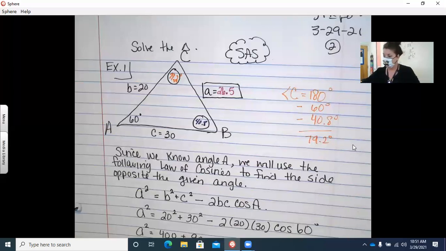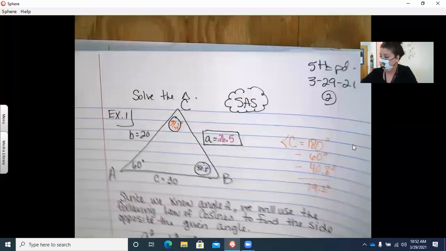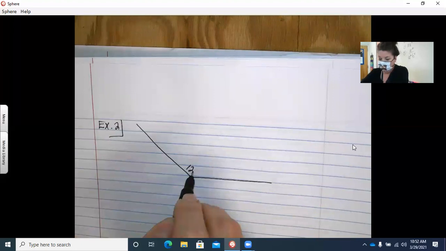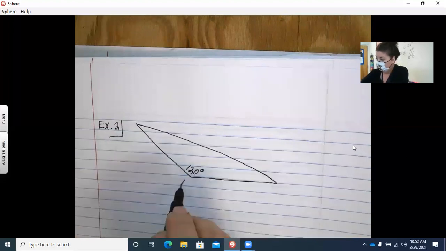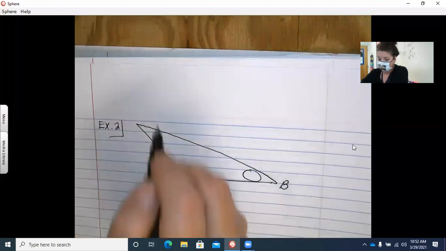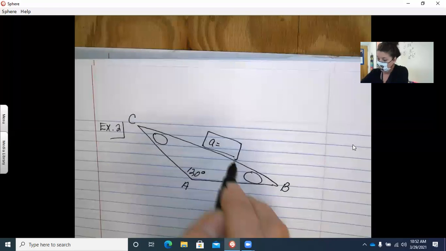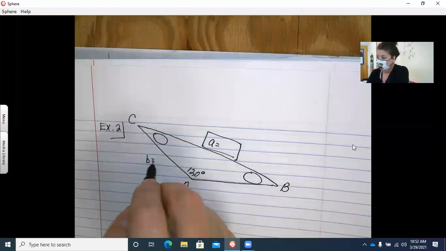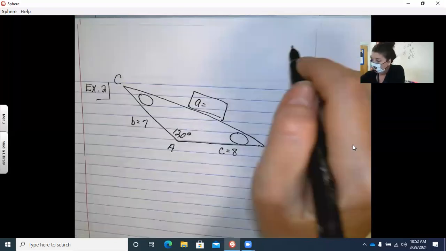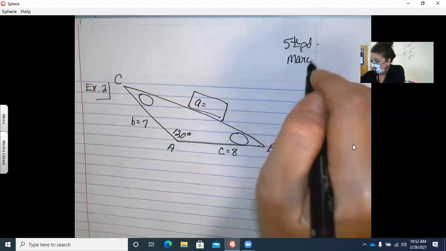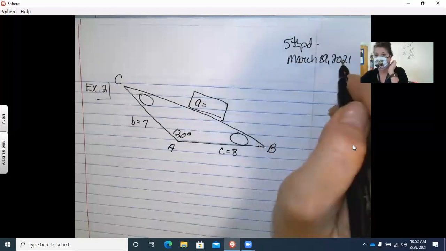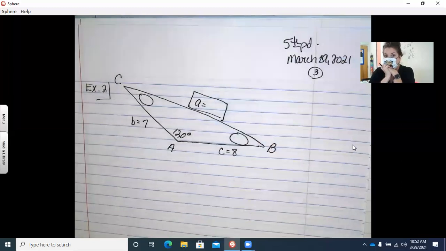All right, example 2. This is a side angle side.